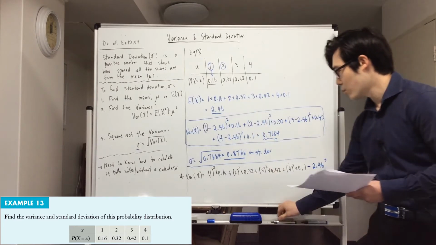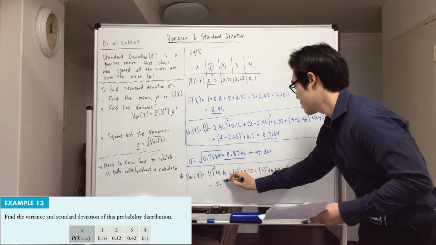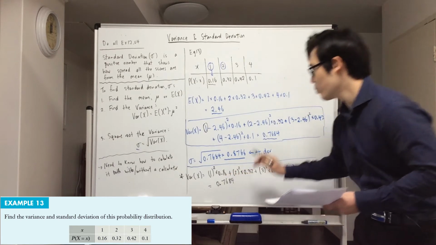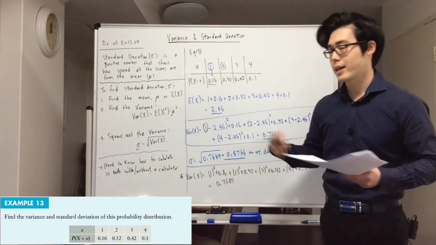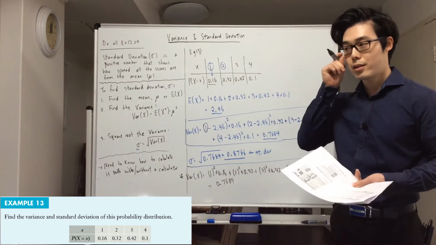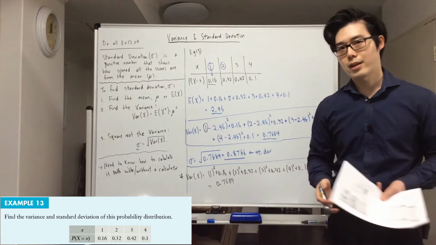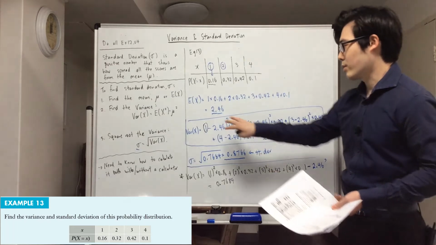If you put all of this in the calculator, you'll get the same thing, 0.7684. There is a reason why this works. It's a really long proof, but you don't need to know it. If you're really curious, you can have a look at the long proof in your textbook, but you don't need to know the proof, okay? It's just a lot easier to work out this way than the other way.